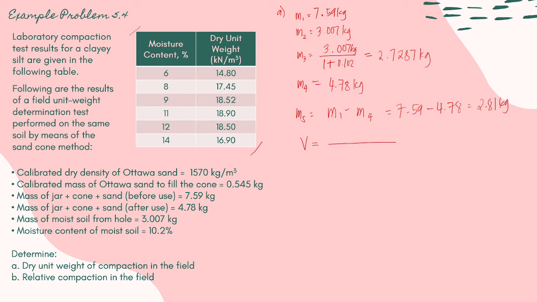So this is equal to 2.81 minus the mass of sand to fill the cone, which is 0.545 kg, all over the dry density of the sand.